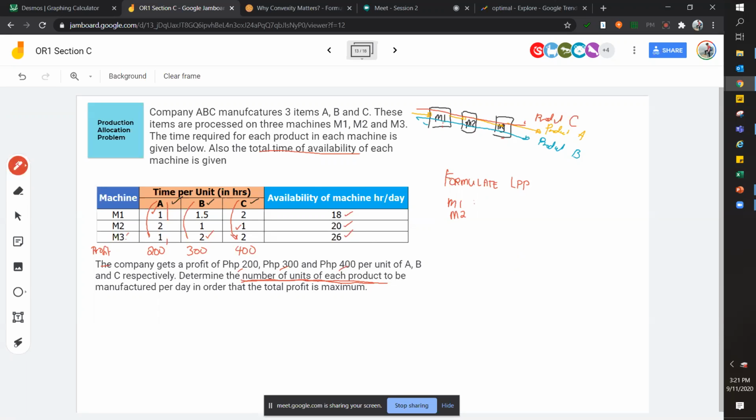Ano, describe natin. Ano yung M1? Ano ibig sabihin ng M1? Anong gagawin ko sa machine 1? Anong klaseng control ang gagawin ko sa machine 1? Again, that's the decision variable.